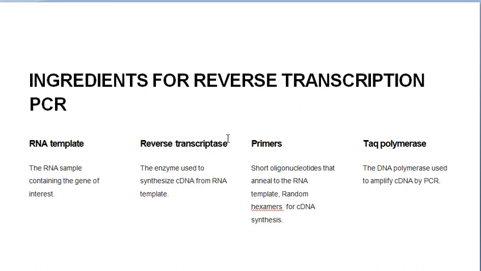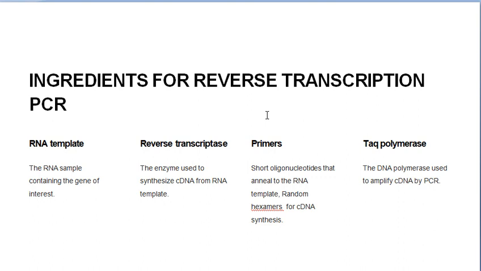Then we have primers. Even reverse transcriptase cannot independently add the dNTPs directly. It needs something as a support, just as Taq polymerase or DNA polymerase does. So we usually use short oligonucleotide sequences, or random hexameric sequences.